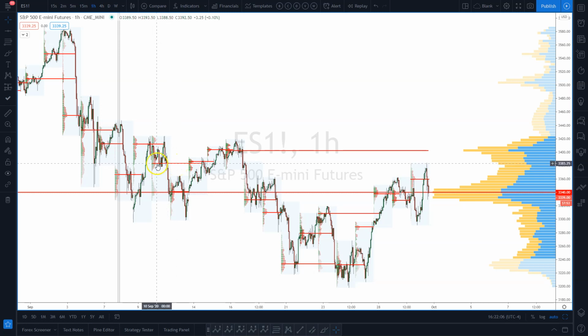And the good news is that you can apply this on currencies, on Forex or cryptocurrencies or futures like this one or any market, because the volume profile is calculating the volume according to how much time the price is spending at a level. So it's not related to the volume coming from the exchange.